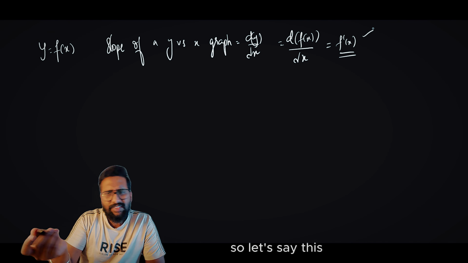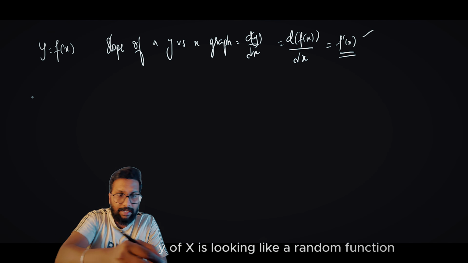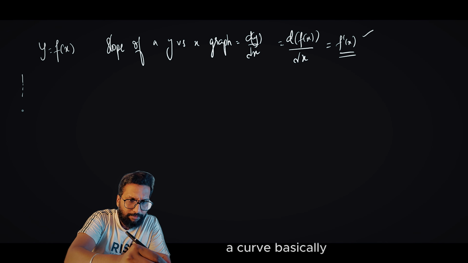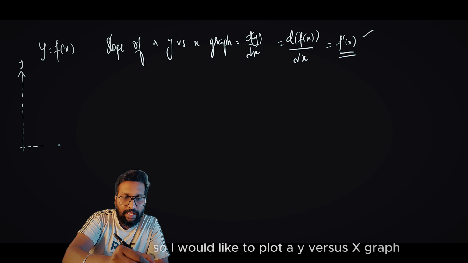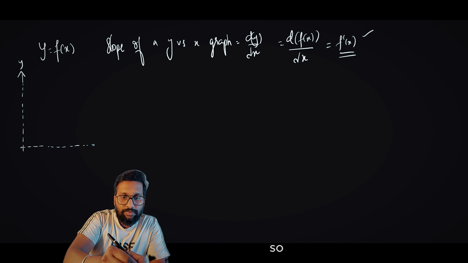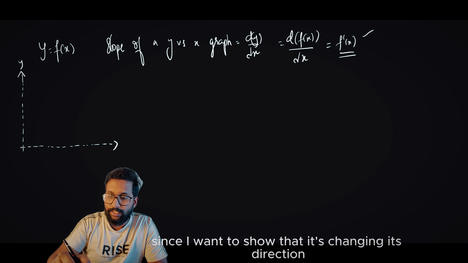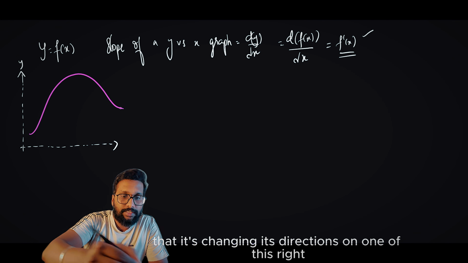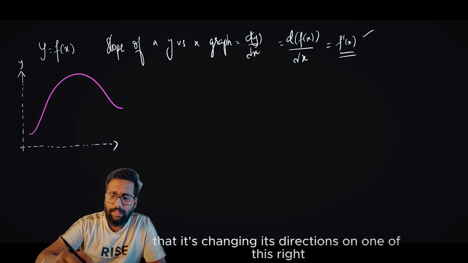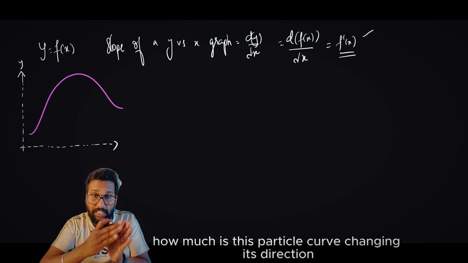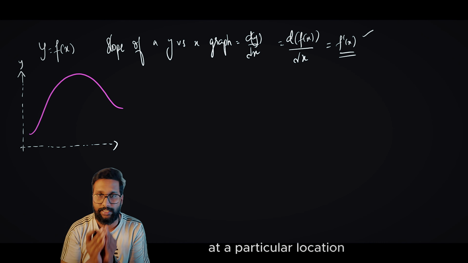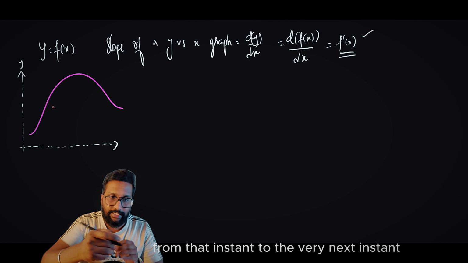So let's say this y of x is looking like a random function, a curve basically. I would like to plot a y versus x graph. Since I want to show that it's changing its direction, I'm showing that it's changing its direction somewhere like this. Right? So how much is this particular curve changing its direction at a particular location, from that instant to the very next instant?